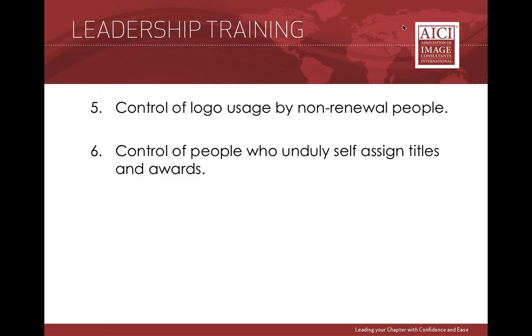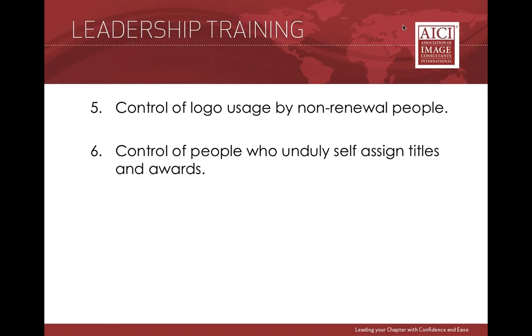So we will have to police these people, because some say they got an award many years ago given by ACI, and that's not true.